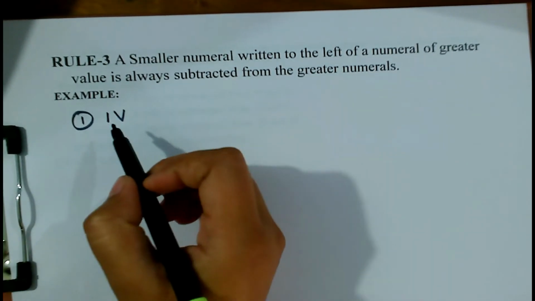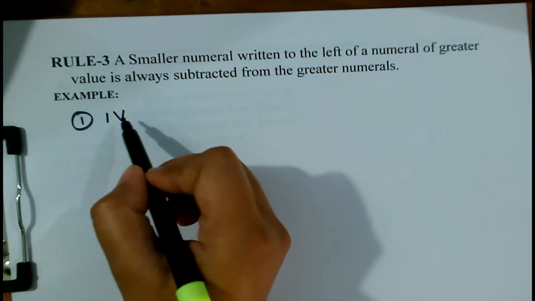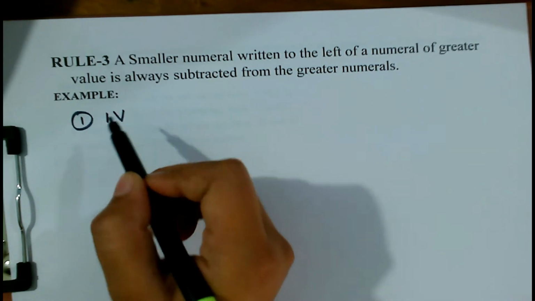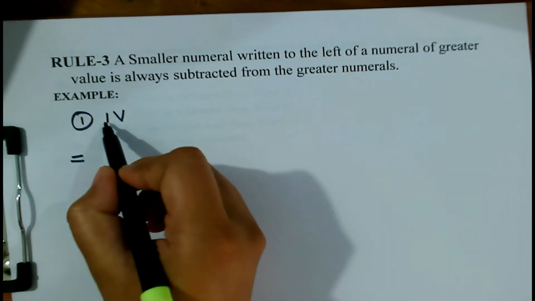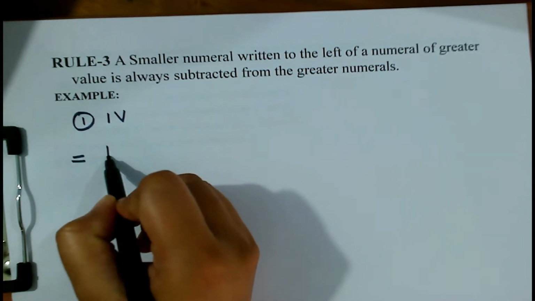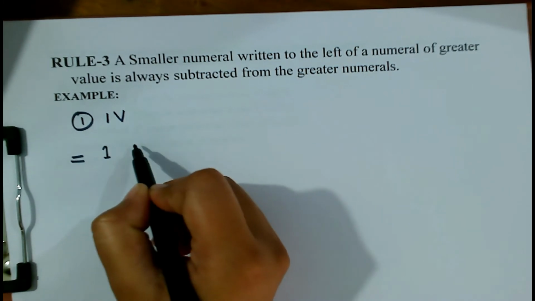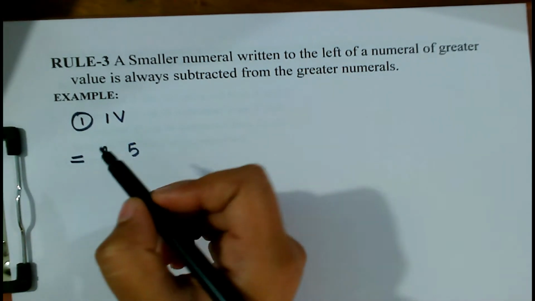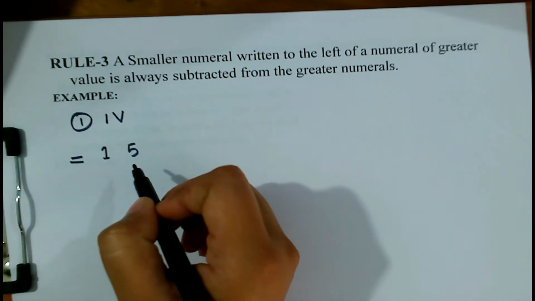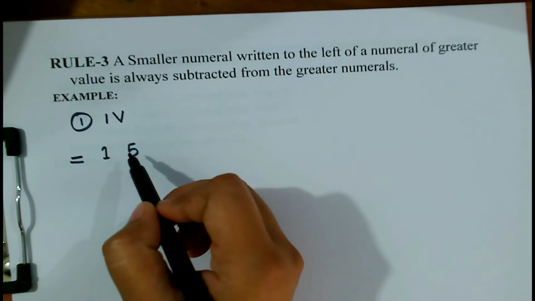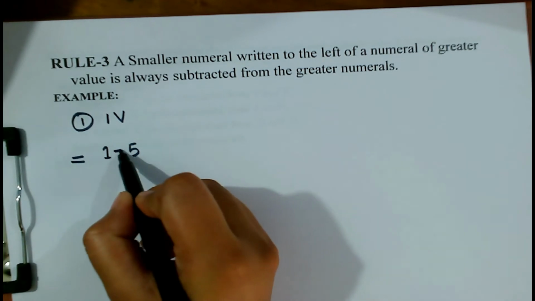Before it was big to small, now it is small to big. I is 1 and then V is 5. As I have said, this goes from small to big and it is subtracted.